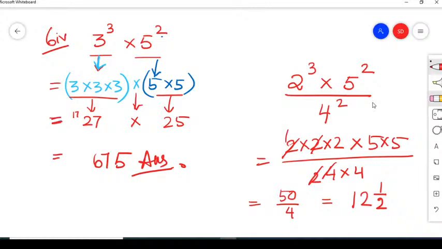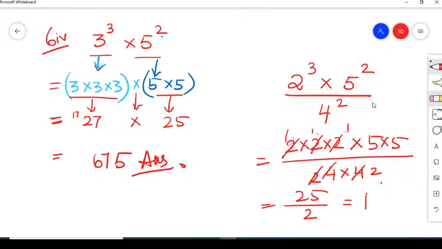Or you can do further cancellations. 2 ones are 2, 2 twos are 4. So we have 1 into 1 into 1 into 25, and in the denominator only 2. So that is 12 and a half. So you can do it in any way.